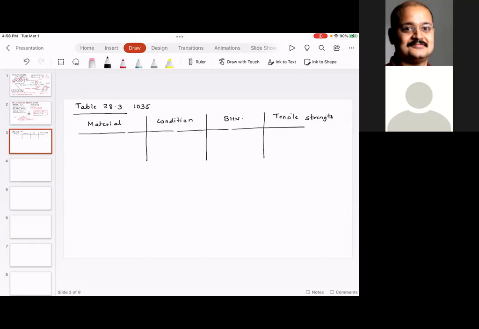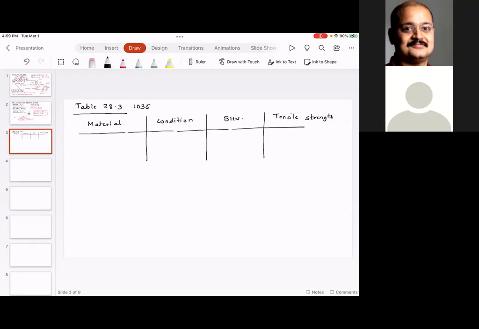So I want you to carefully look at the table, and please see, for cast iron, depending upon whether it's cast or whether it is heat treated, the Brinell hardness number and the tensile strength values are different. Are you with me so far? Please look at cast iron grade 35. Cast iron grade 35 as cast and as heat treated, they have different BHNs and different tensile strengths.